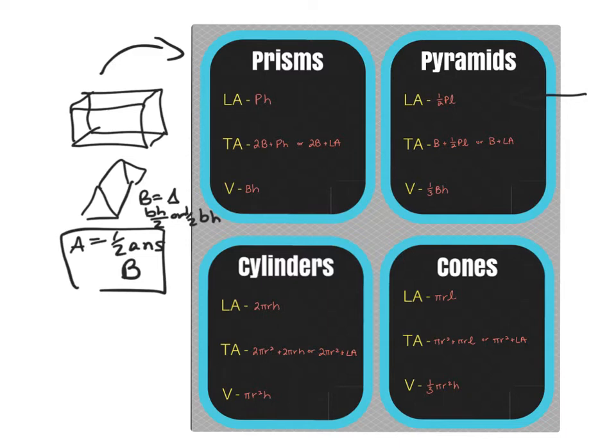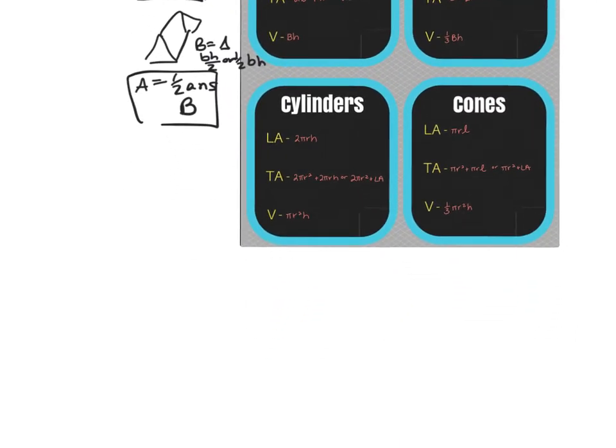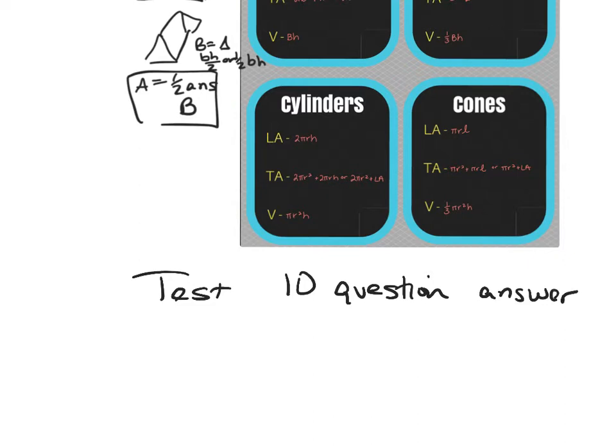So before we go through the review, let me just tell you about the test. The test itself has 10 questions that you're actually going to answer. And they're all calculations. So they're all going to be using the formulas that are listed above.